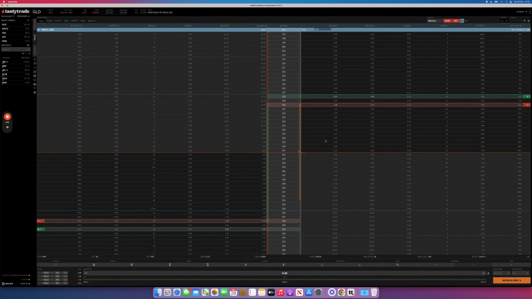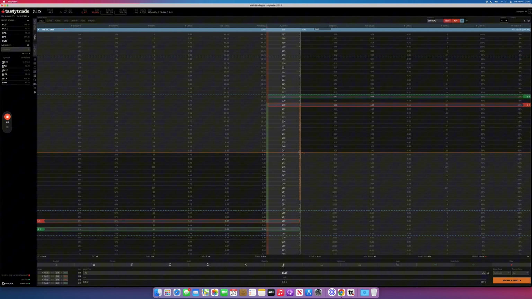Now what this has done is it's defined our max loss, our max risk. Now our max risk or our max loss is defined as whatever the spread is in between these two contracts, which is $2 minus the premium that we collect up front, which is 46 cents now, because remember we're paying to buy these long contracts.